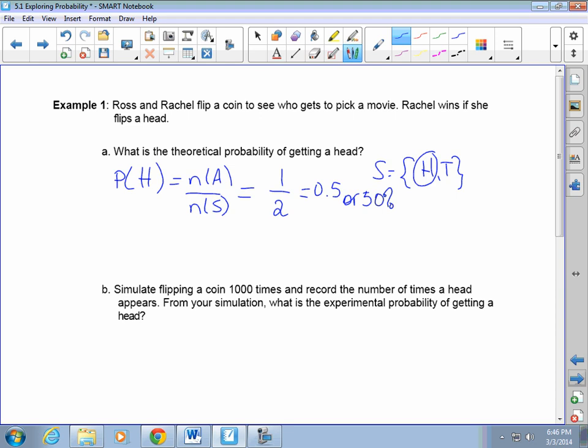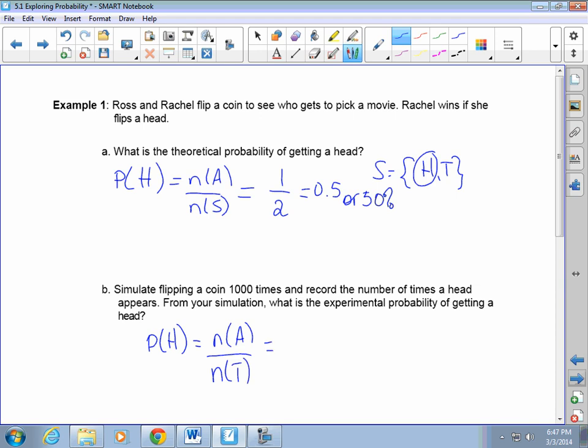I did this beforehand. The probability of getting a head, this is experimental, so that's the number of A over the number of trials.